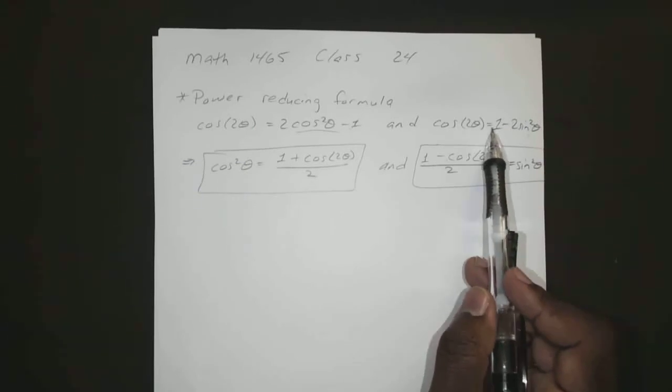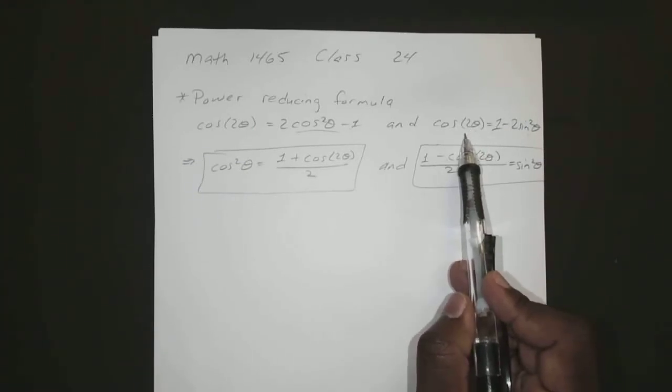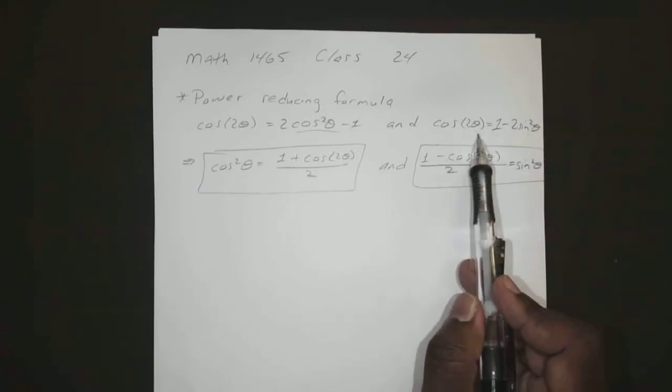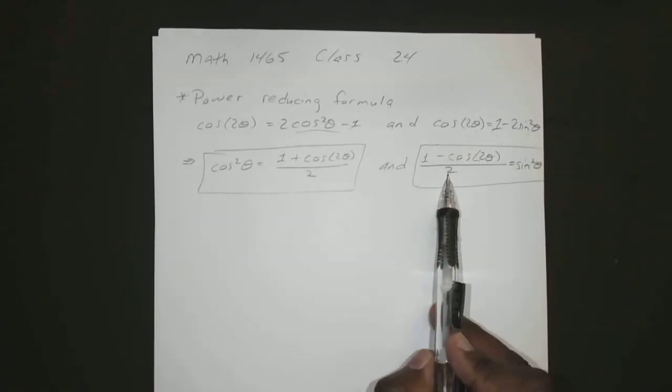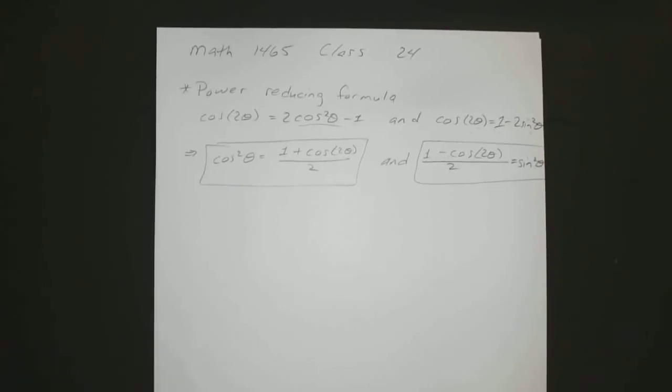Now here, remember, if you subtract 1 from both sides, you would have cosine minus 1 divided by negative 2. Then if you multiply the numerator and denominator by negative 1, that becomes positive 2. Then the 1 and the cosine switch signs.